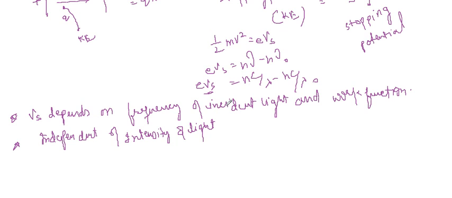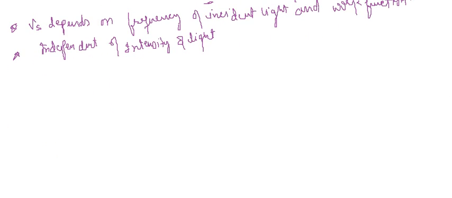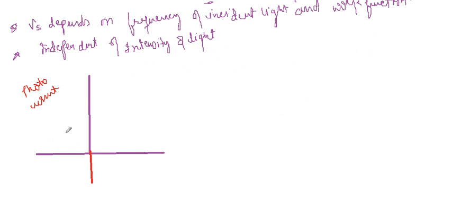The anode can be made positive or negative, and the potential difference can be changed with the help of a battery and rheostat.